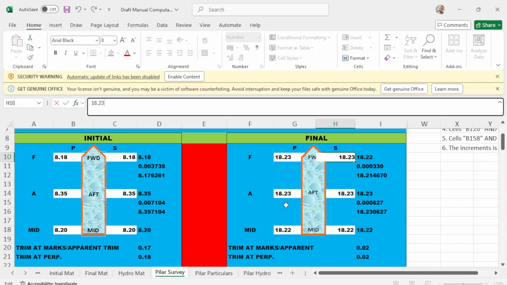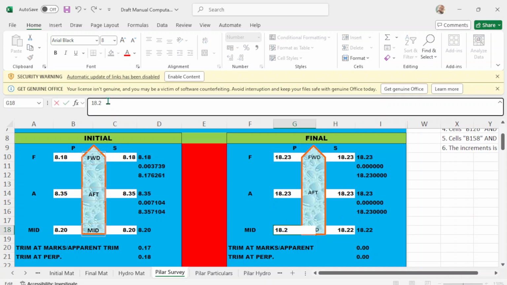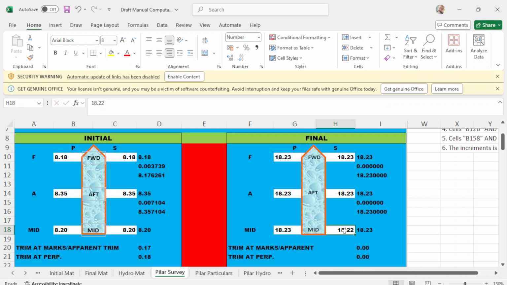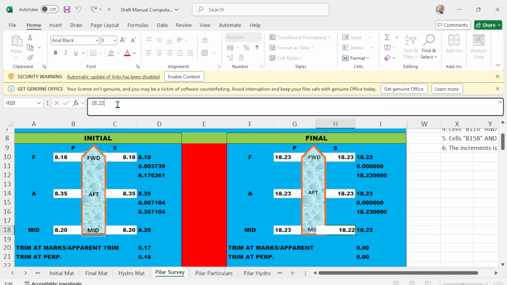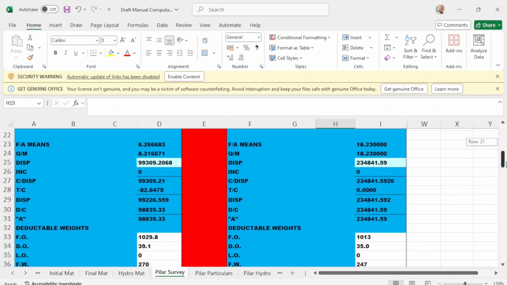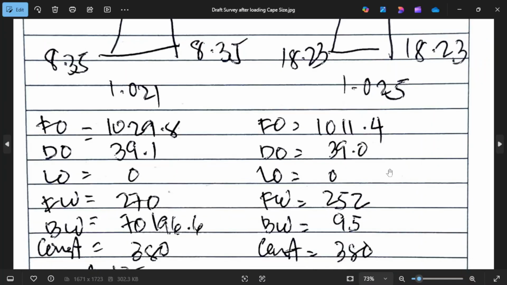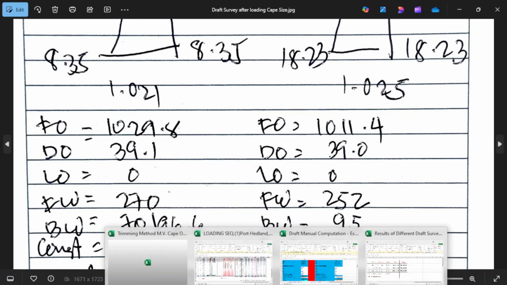Aft 18.23 and your mid is 18.23 and your starboard is 18.23. Okay. Now all drafts are 18.23. Then you scroll down, edit your ROB. So FO on final draft survey is 10.11.4.